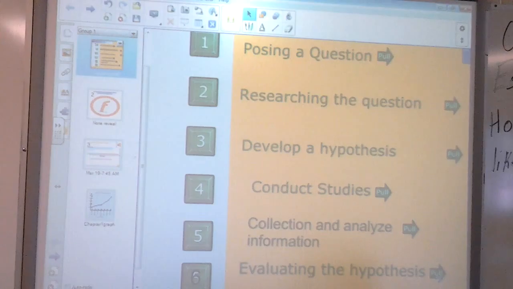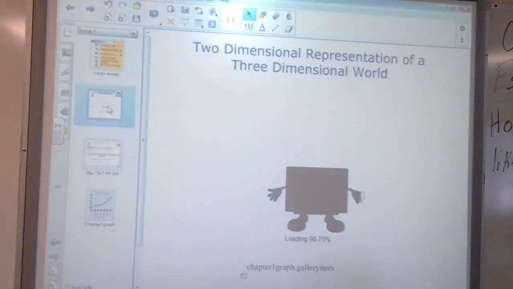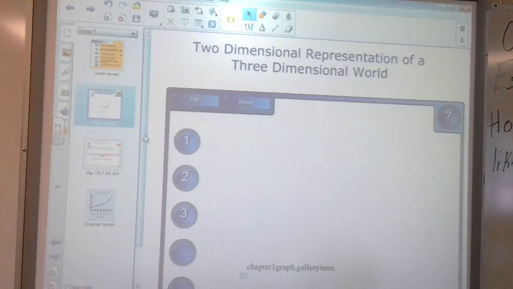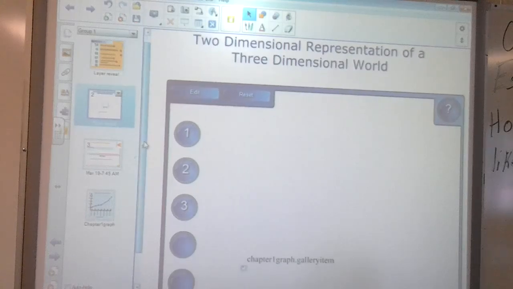Okay, so the scientific method is the first tool for an economist. Does everybody have this? The second one is using a two-dimensional representation of a three-dimensional world. That means a graph. Okay?